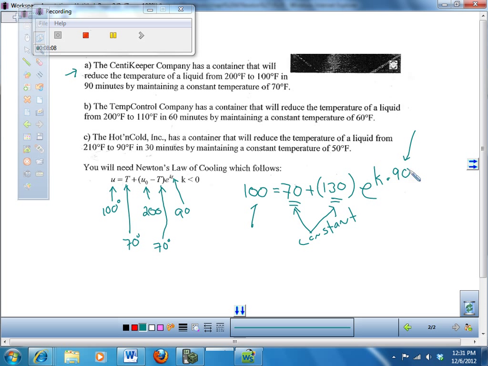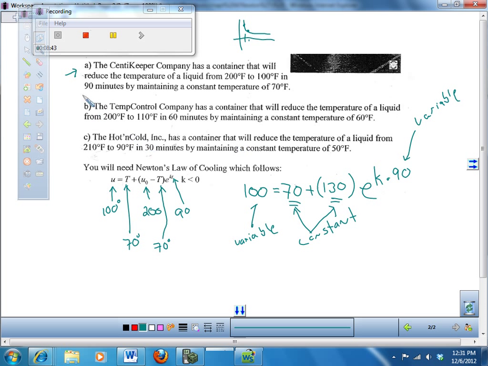So after you have to figure out how many minutes it will be until your container goes from 200 to 170, you then have to figure out the difference in time between 170 and 140. So this is a variable, and this is a variable. You're going to be plugging in temperatures in here and figuring out the times over here after you found your constant.